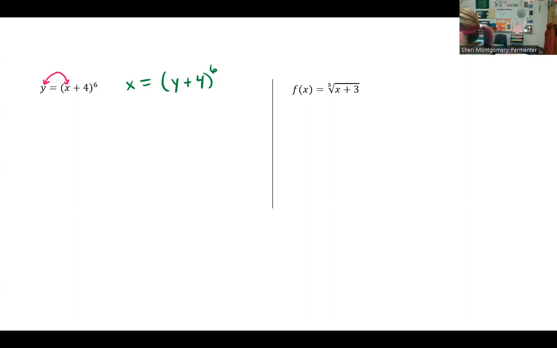Who knows how to undo something to the 6th power? No, we want to get rid of it. If you distribute it, then you're adding something to the y. We don't want y to the 6th power. So if I have something and it's to the 2nd power, does anybody know the inverse operation of squaring something? Square root.